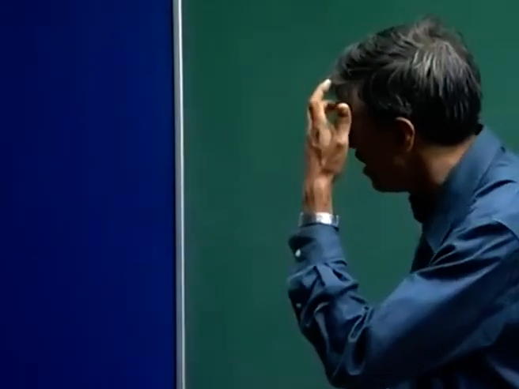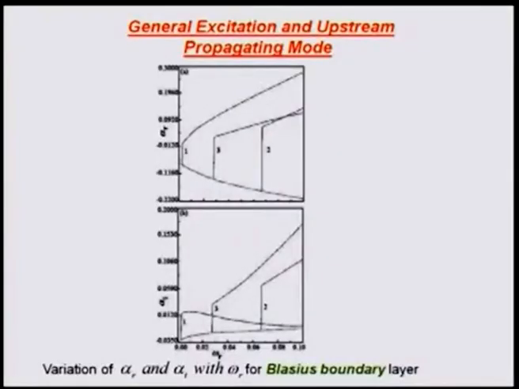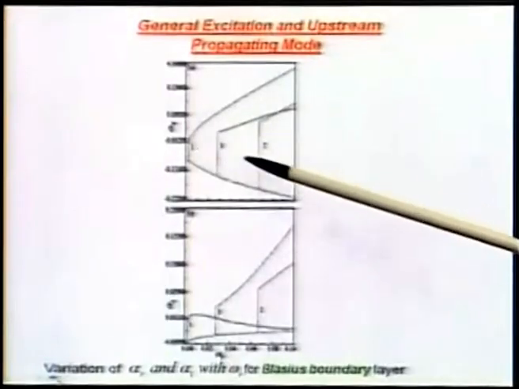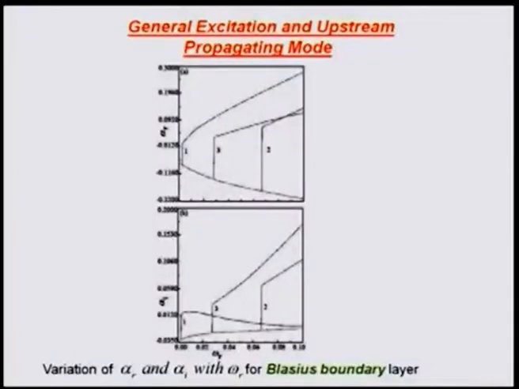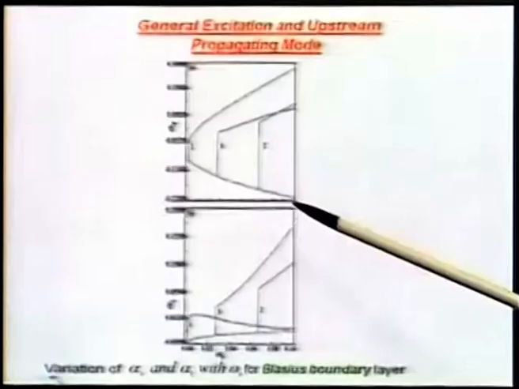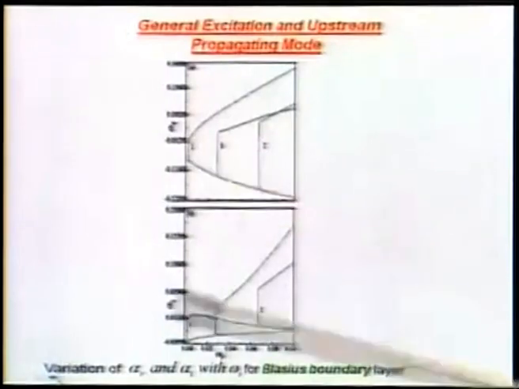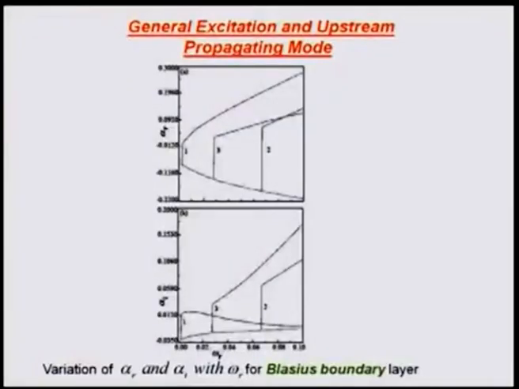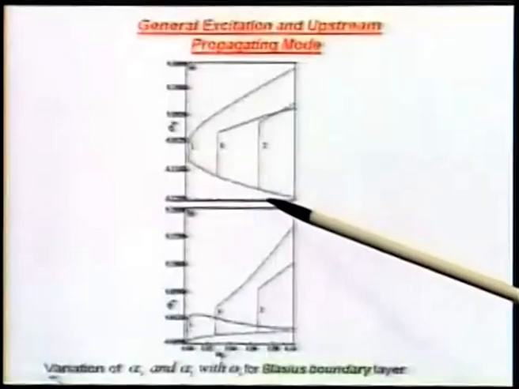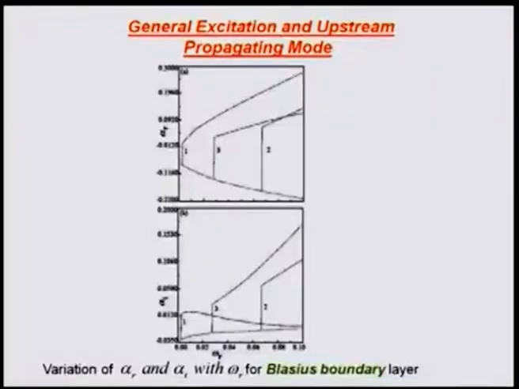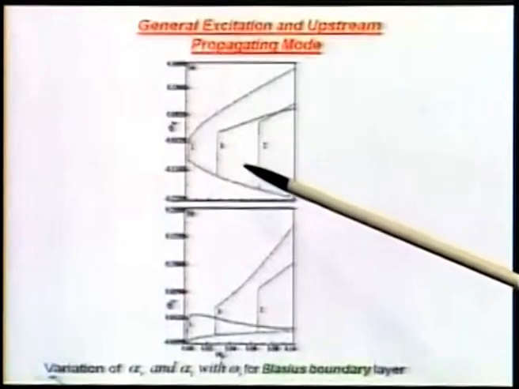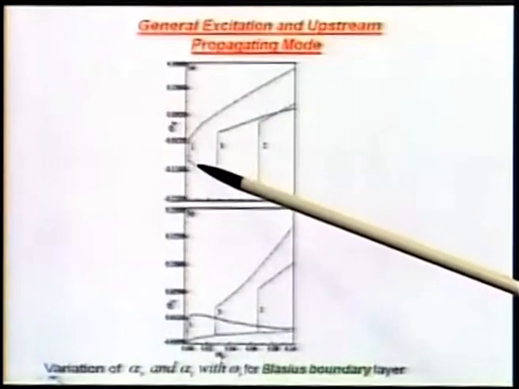So, along with modes whose phase propagates downstream, we always have at least one mode whose phase actually propagates upstream, and this is always there. So, when these disappear, this will still remain.